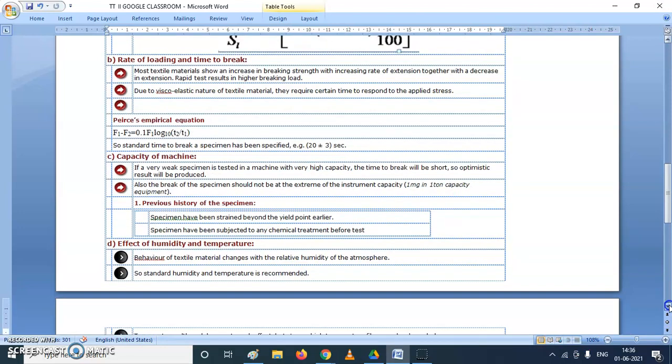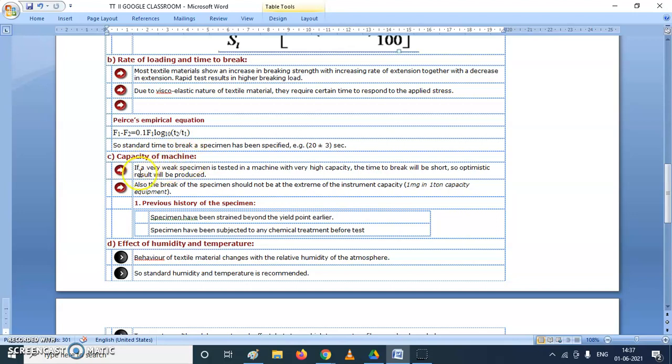Now the next factor which affects the results of tensile testing is capacity of machine. Capacity of machine means if you take a machine of 10 kg and measure something of 1 gram on that, obviously that will be out of range. And if we take a 100 gram machine and we measure 99 grams on that, it will not give accurate results.